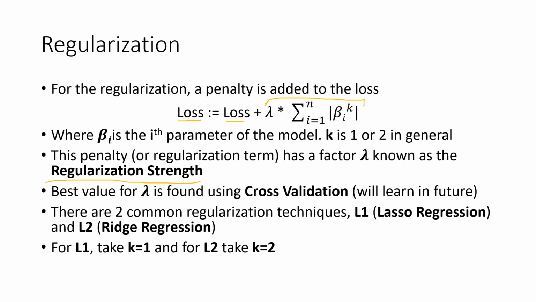If the k value is 1, you just use the exact parameter, and that is known as L1 regularization or lasso regression. If k is 2, we take the square of the beta parameter, and that is known as L2 regularization or ridge regression.